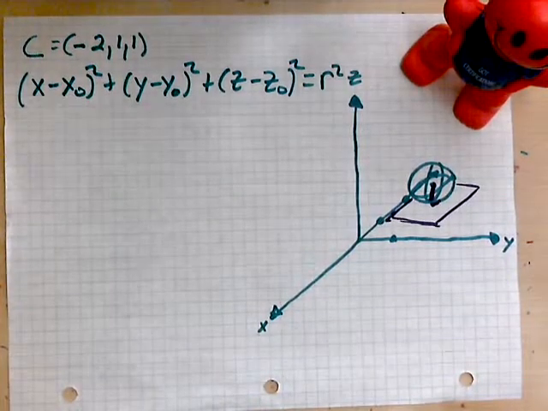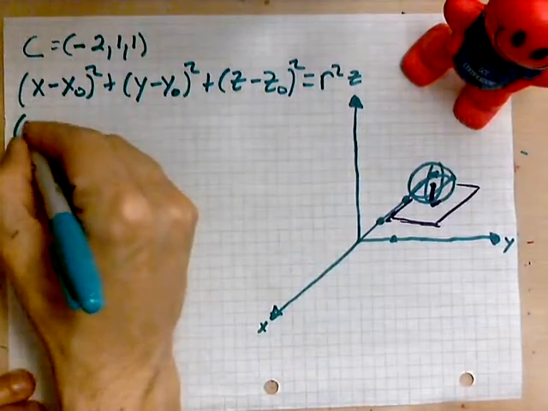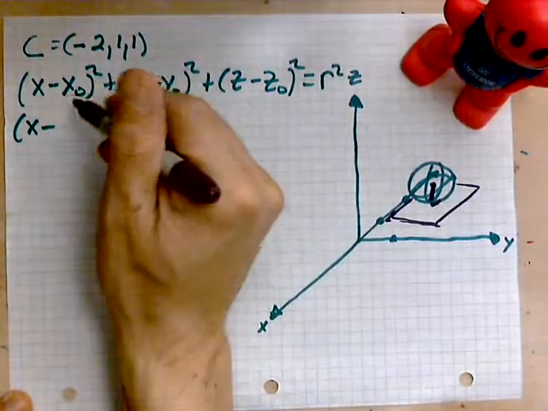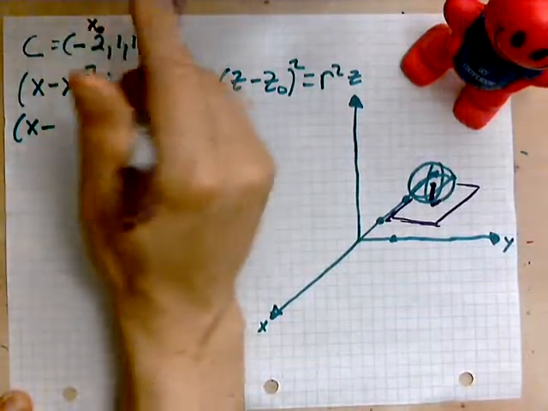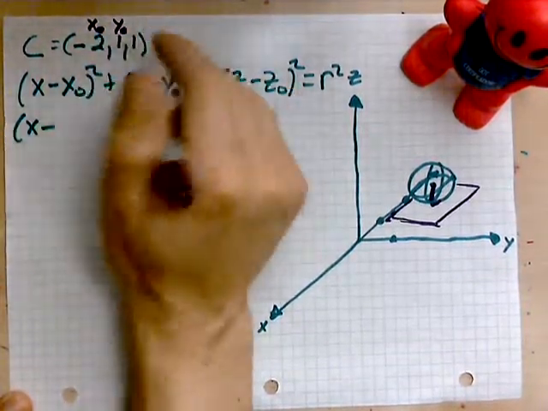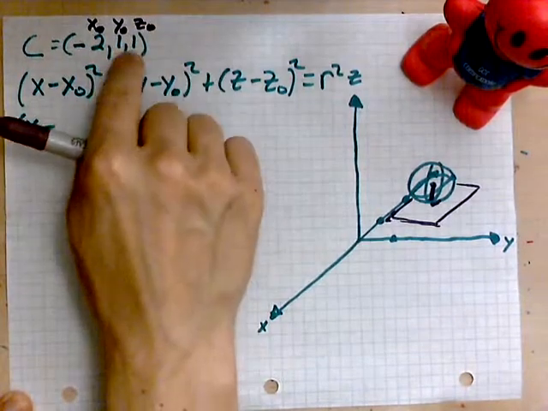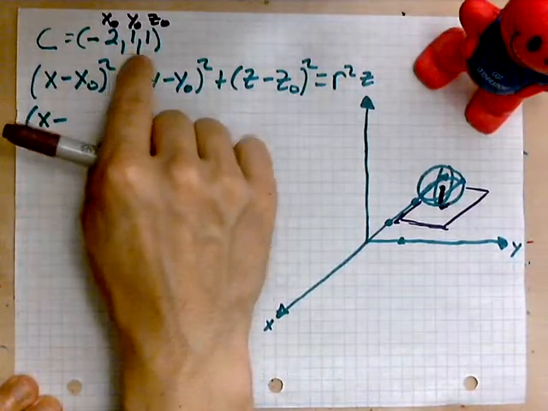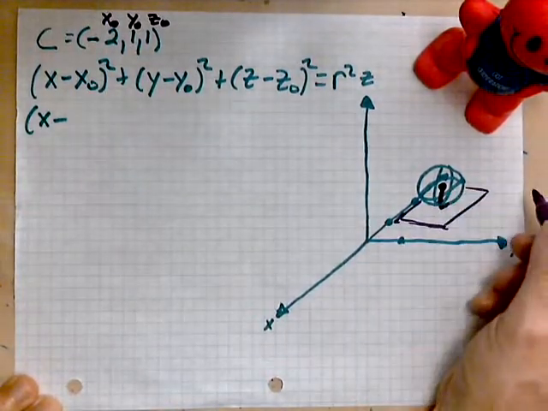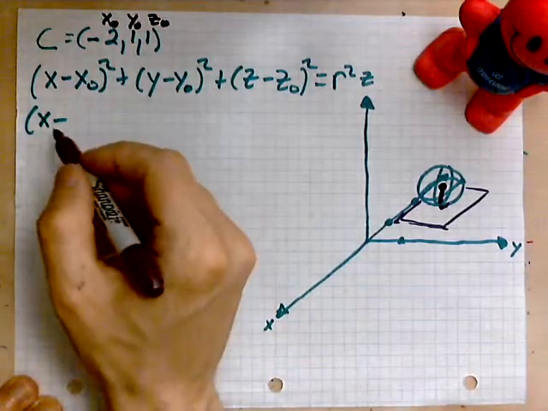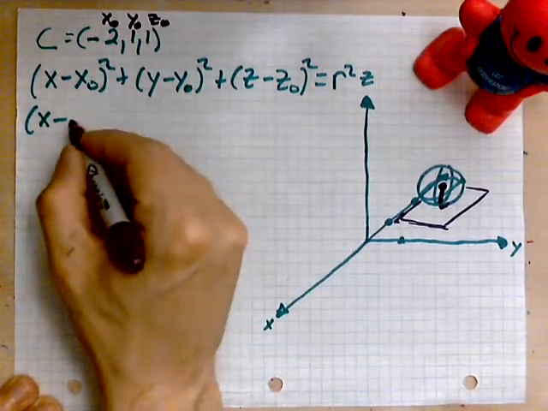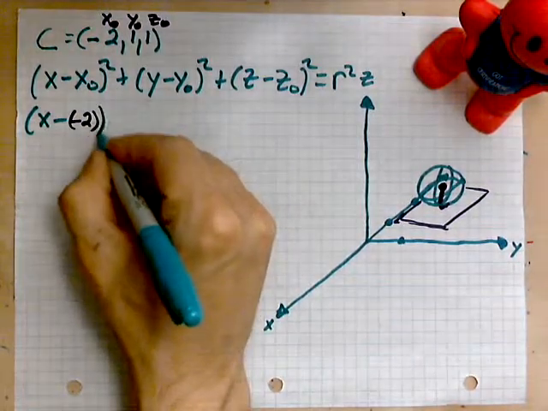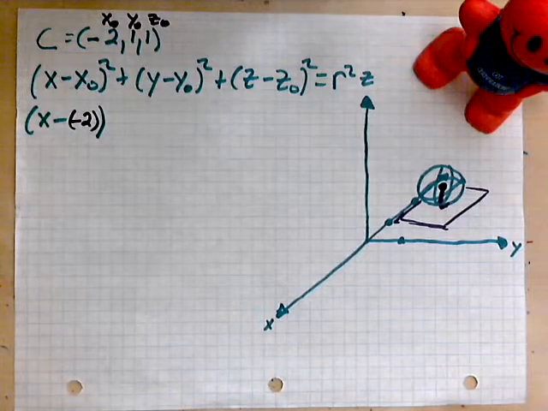Now we make the replacements, so we will write x minus, and now comes the important step of replacing. x0 is the -2, y0 is the first 1, and z0 is the second 1. These are the coordinates of our center point. So we write x minus a -2, in parentheses, and square the whole thing.